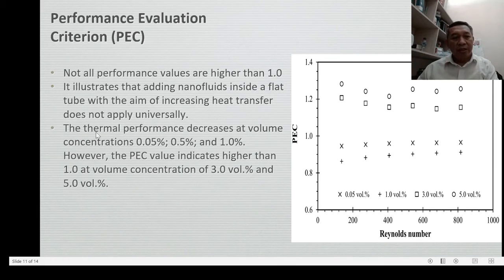The thermal performance decreases at some of the nanoparticle volume concentrations we use. However, the PEC values are higher than 1.0 at 3.0 and 5.0 volume concentration.